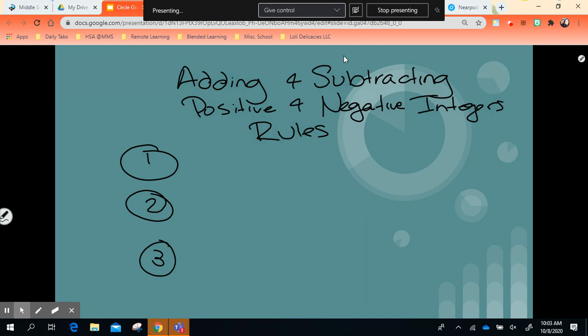Make sure to write this down. I know I wrote really fast on there. Those little things in between adding and subtracting, that's an and. And negative integer rules.